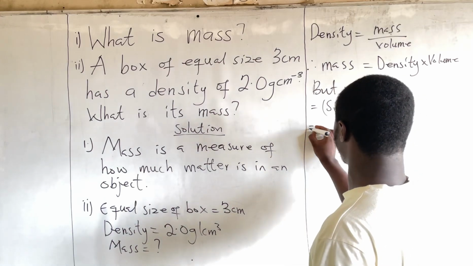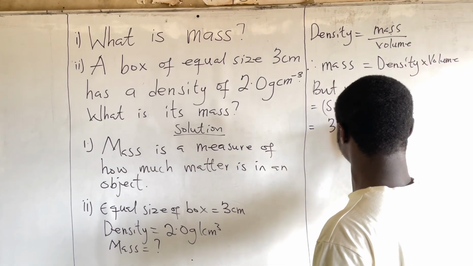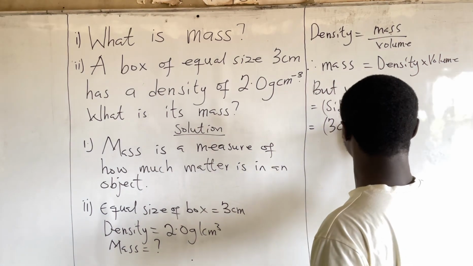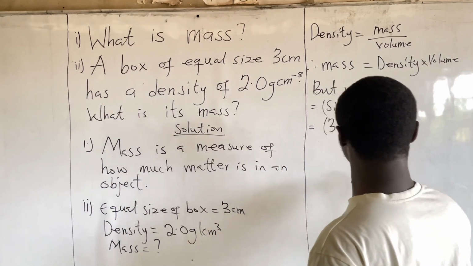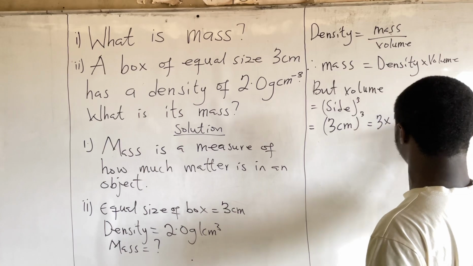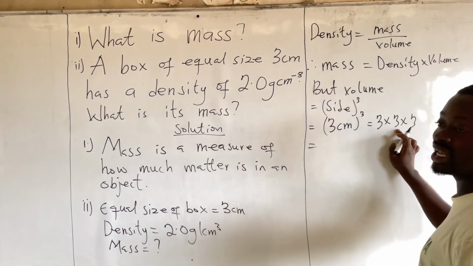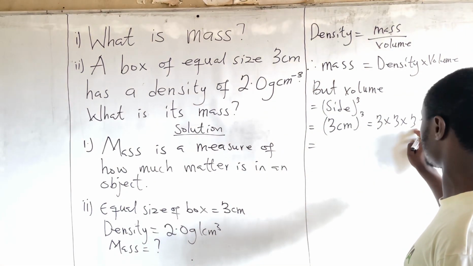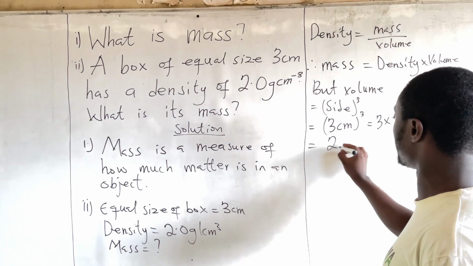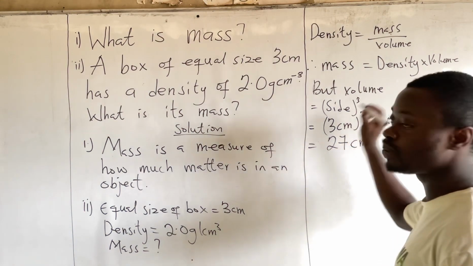Therefore, one side is 3 centimeters. So this is going to be 3 centimeters to the power of 3. And this is the same as 3 times 3 times 3. So 3 times 3 is 9, and then 9 times 3 is 27. So the volume of the box is 27 centimeter cube.